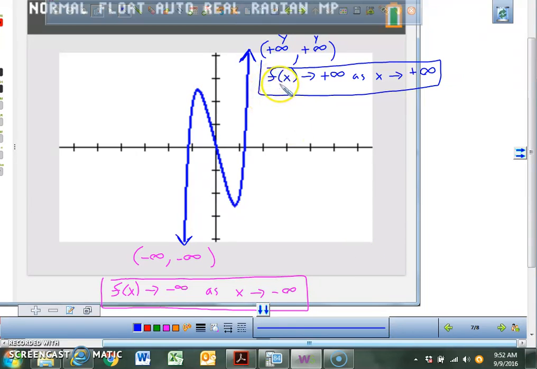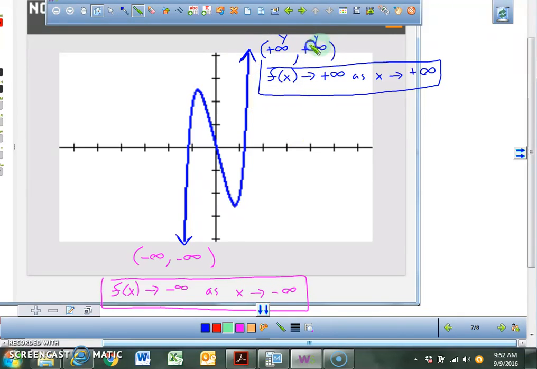Understand, your f of x is always dealing with your y values. So it's something you need to make sure you understand. Your y values are dealing with f of x. I did do a very good job of drawing an x right here. So this negative sign is referring to the y values. Those are the answers I'm looking for on problems 5, 6, 7, and 8. I'm looking for 2 answers for each of them. Okay? So why don't you guys go ahead and finish those up.